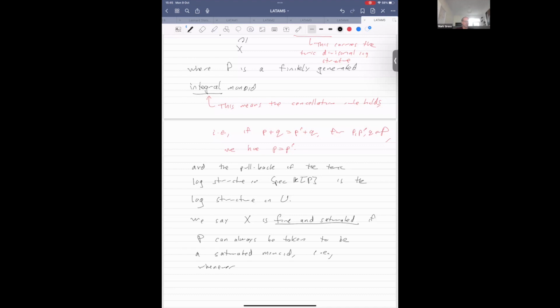Let me just say, to simplify life here, i.e., Spec K[P] is a normal toric variety.